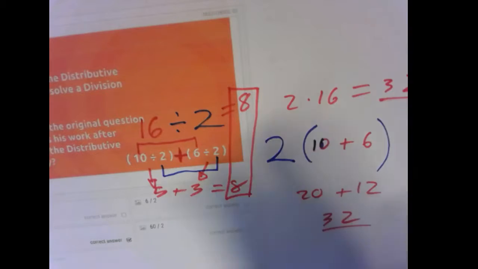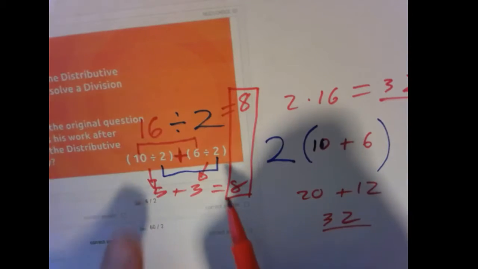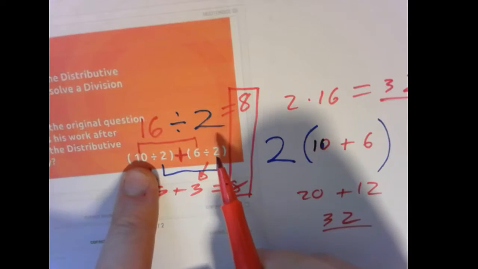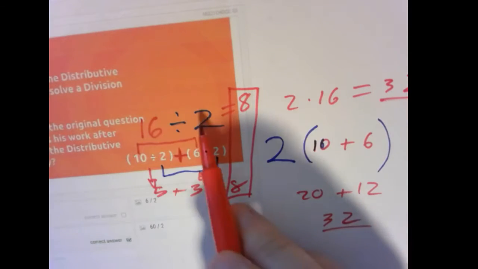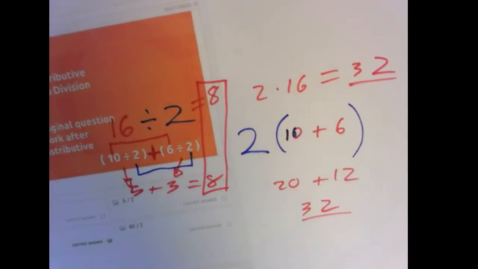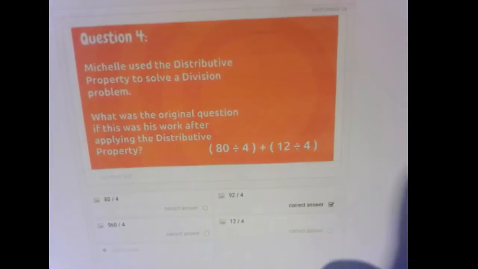I did a little bit of extra work on that one, more than necessary. Essentially what we were looking at is what did we split up to make the 10 divided by 2 and the 6 divided by 2. Well, that was 16 divided by 2. Just want to show a little bit of exploration for the distributive property there.